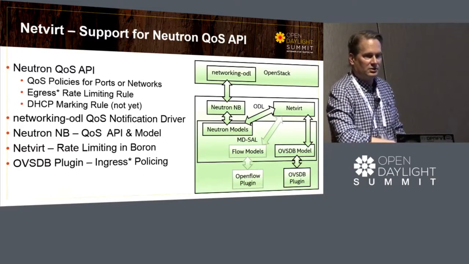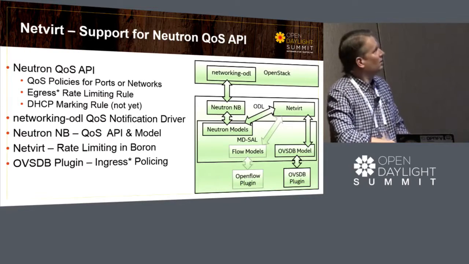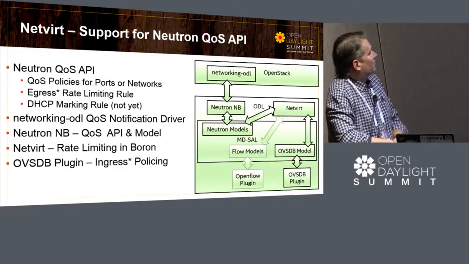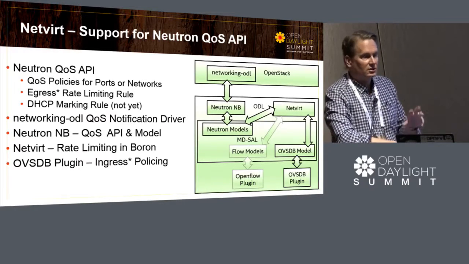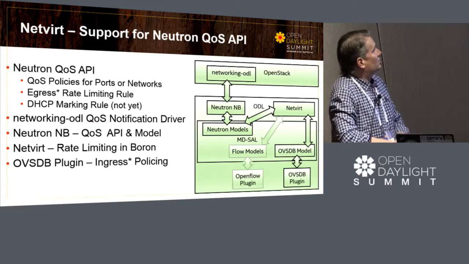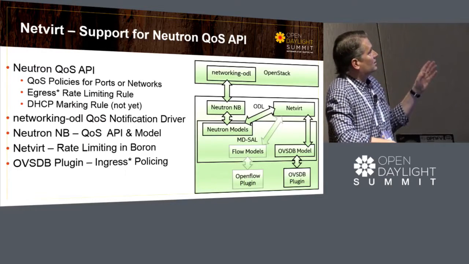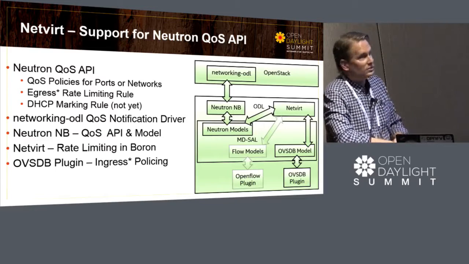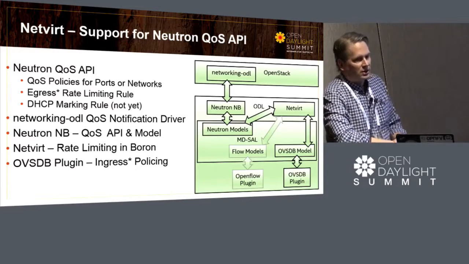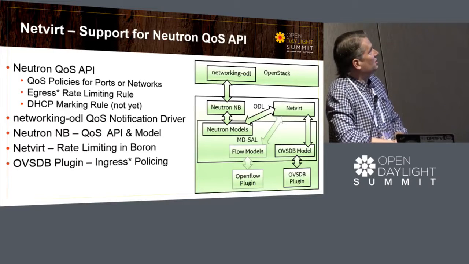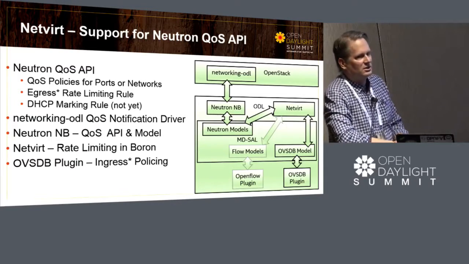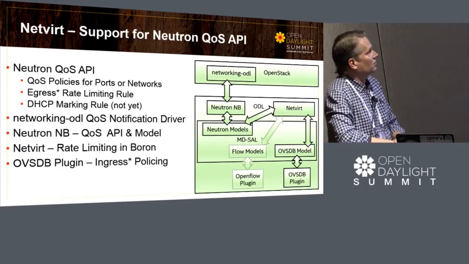Part of the Neutron API is a quality of service extension API, and that API defines QoS policies, which can be associated with Neutron ports or Neutron networks. And those QoS policies then can take one or more rules. And at the time we started working on this, there were rate limiting rules and DSCP marking rules.